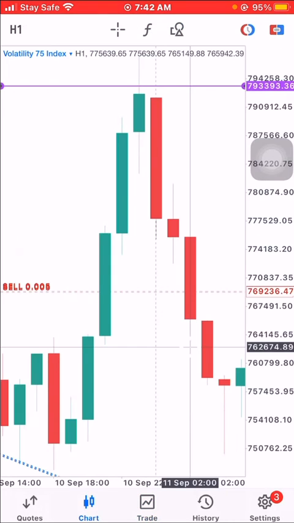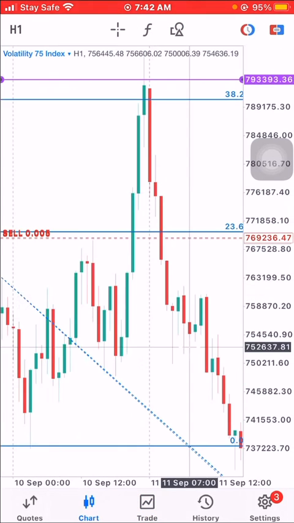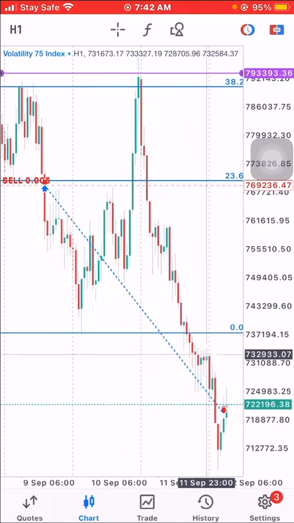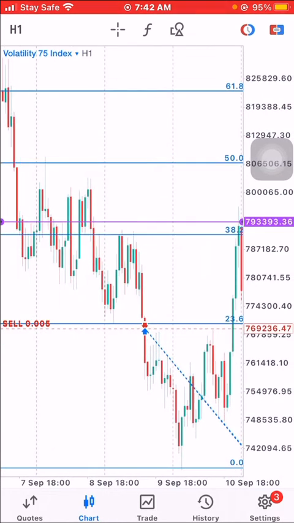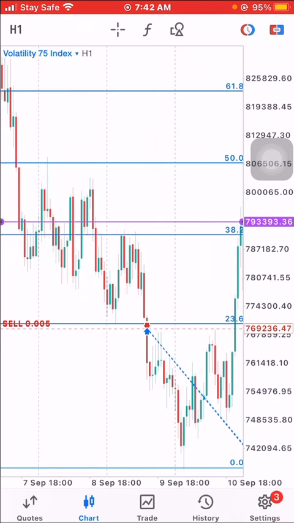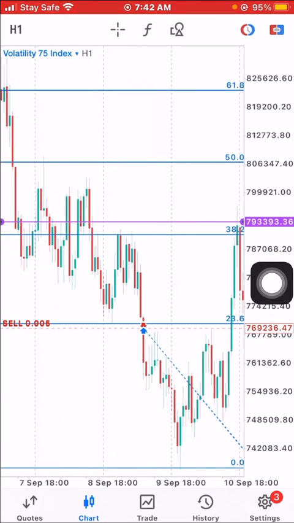So let me show you something. The only thing you need to understand with this strategy is to add more confluences to your trade and you'll make a very sound trading decision. So you can see now the market has reacted to this 38.2 retracement level, which aligns with what?